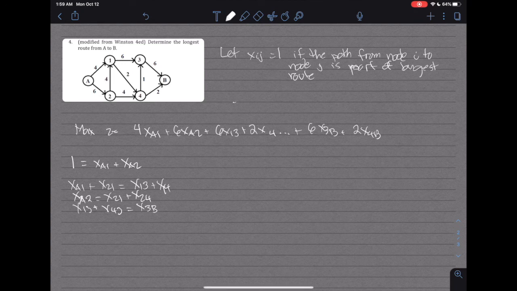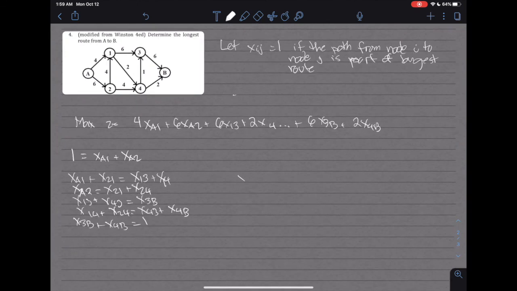Node 4 in is x14 plus x24, which is equal to x43 plus x4B. And node B in is x3B plus x4B equal to 1, so that we are sure that the path ends. And of course, your binary constraints: xij is binary. Now, if this becomes a shortest route problem, just change max to min.